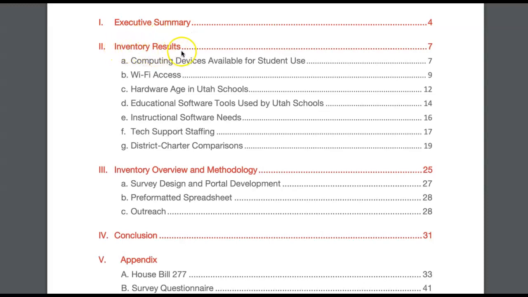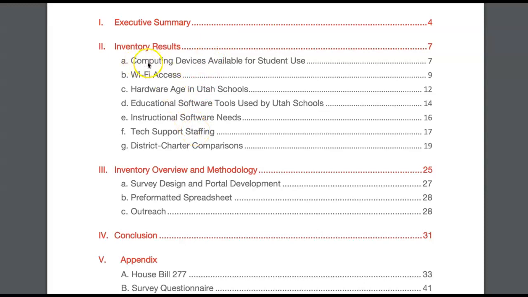If you come down into the inventory results section, that will give you a little bit more detail along with visualizations, graphs and charts for each of these categories of information. I'm just going to explain really quickly what these categories are, and then I'll jump you into some of the content.